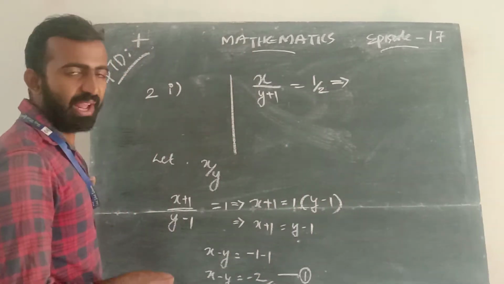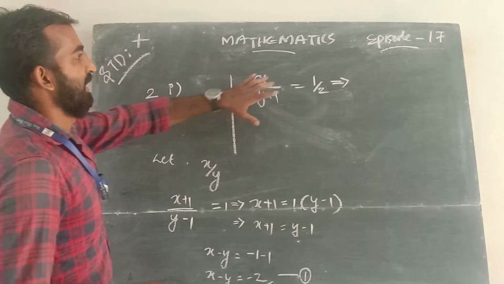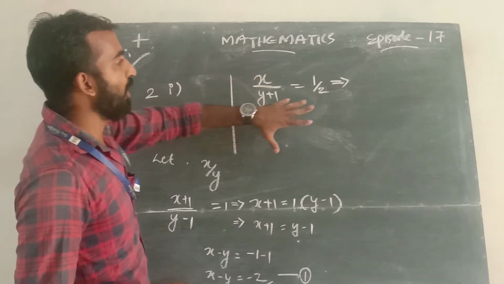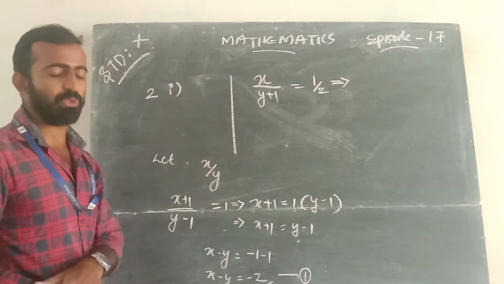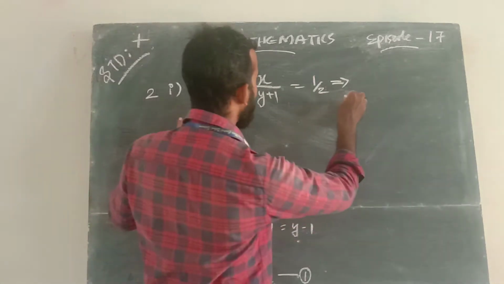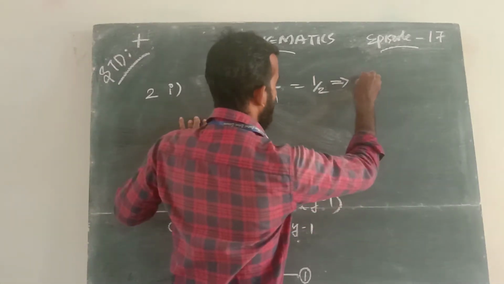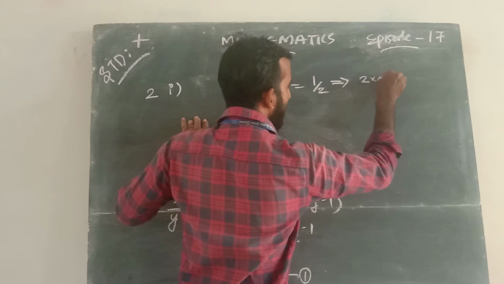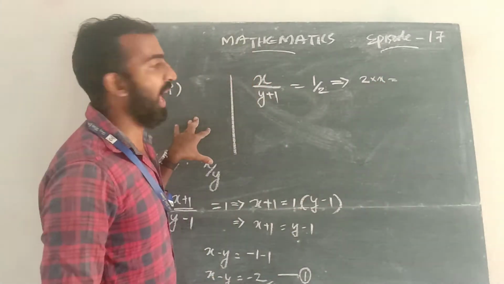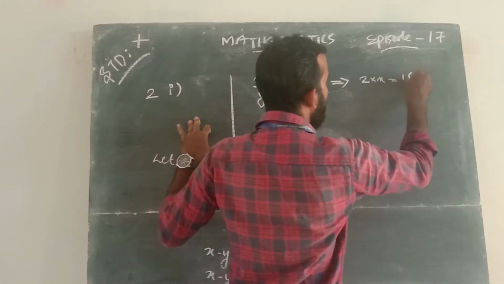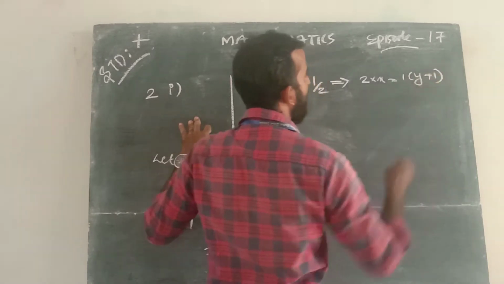Y plus 1 goes to the right side and 2 goes to the left side, so we can write 2 into x equal to 1 into y plus 1.